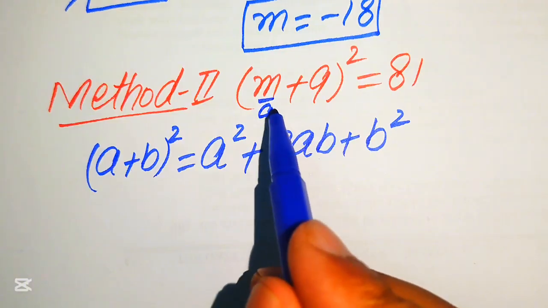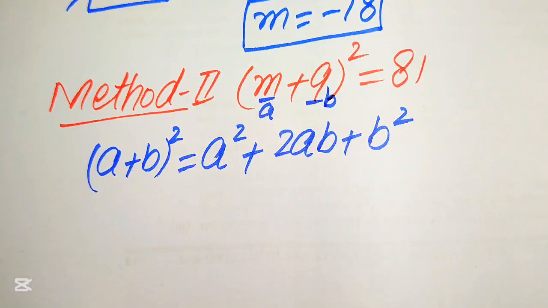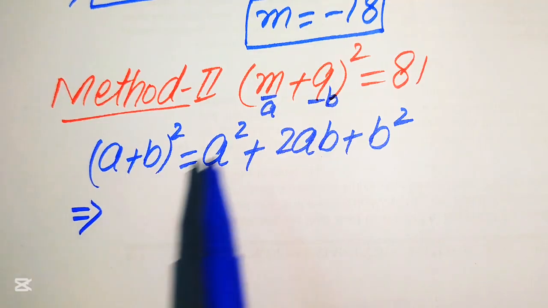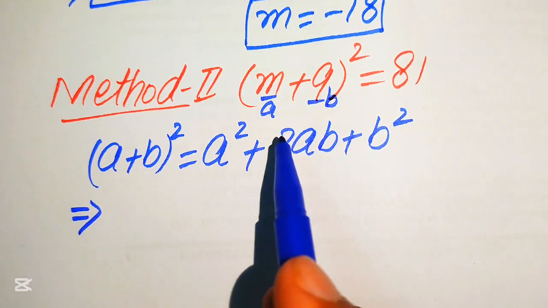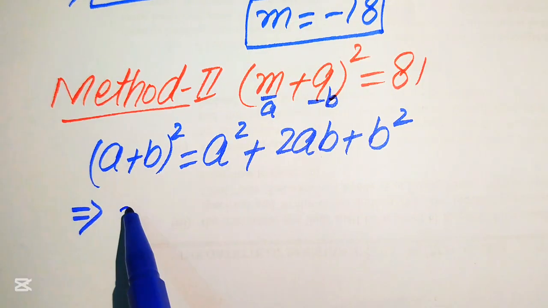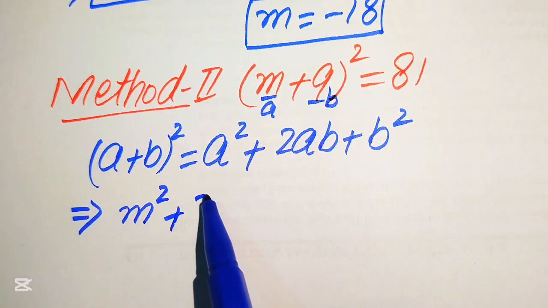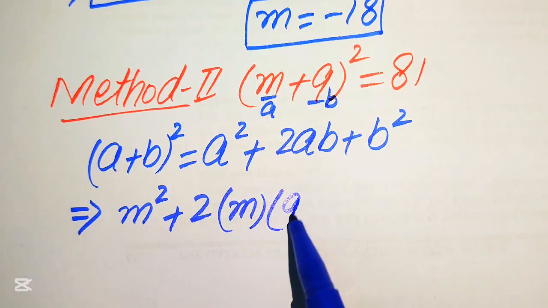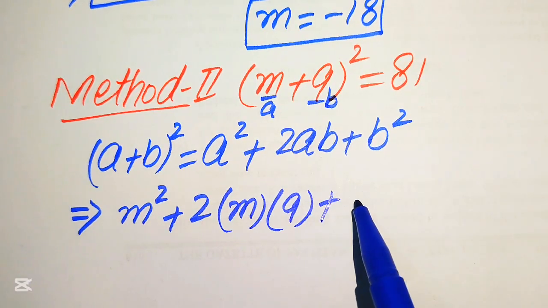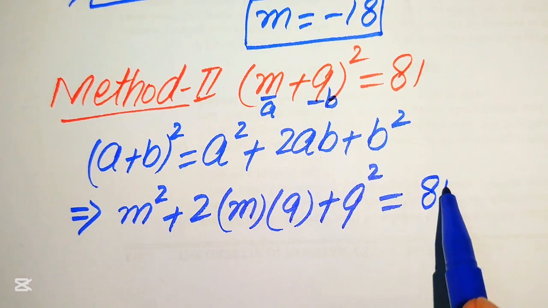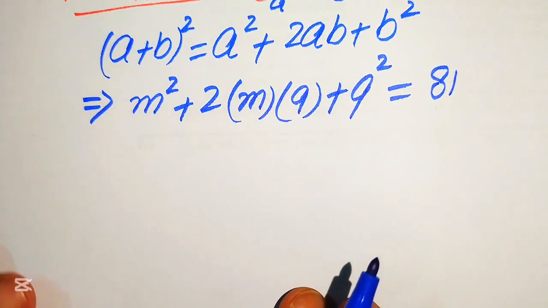Here the value of a is m, and the value of b is 9. According to this formula we write the left hand side as a², which is m², plus 2ab, where a is m and b is 9, plus b², which is 9², and this equals 81.